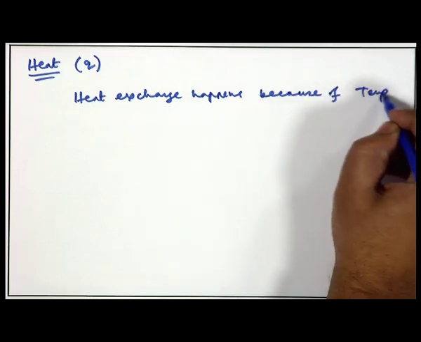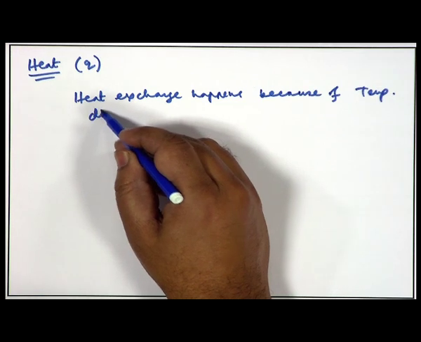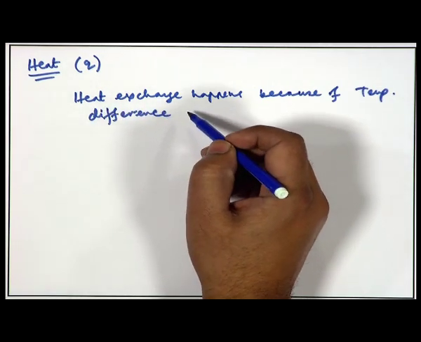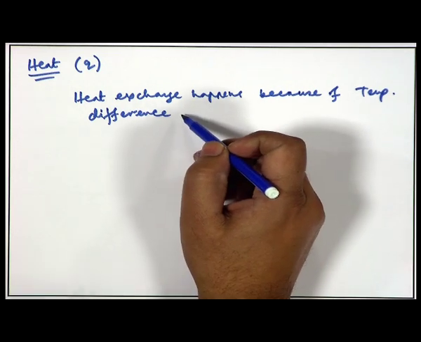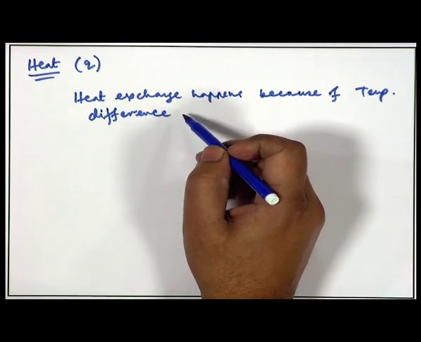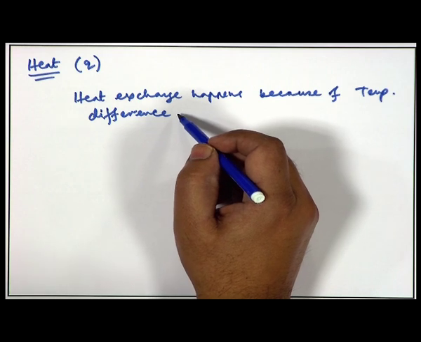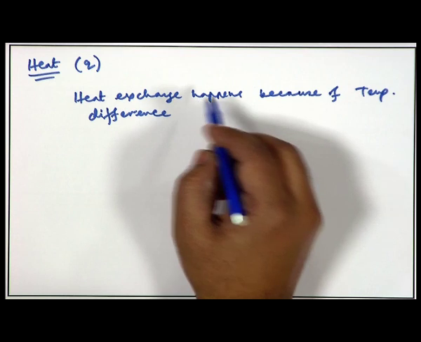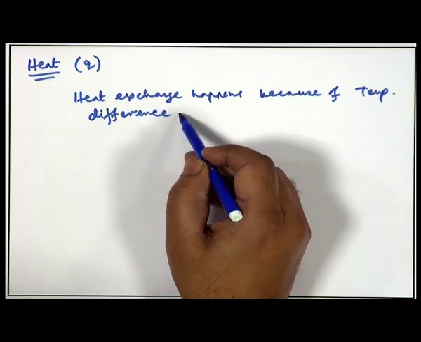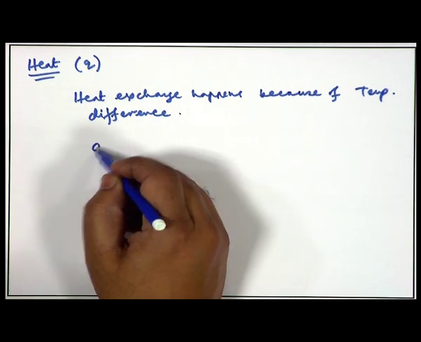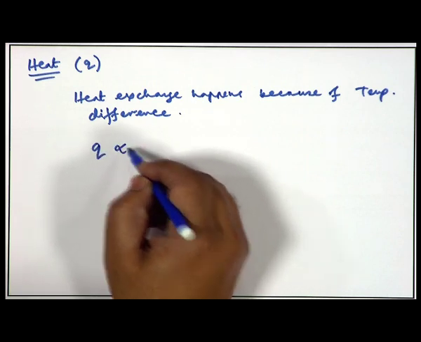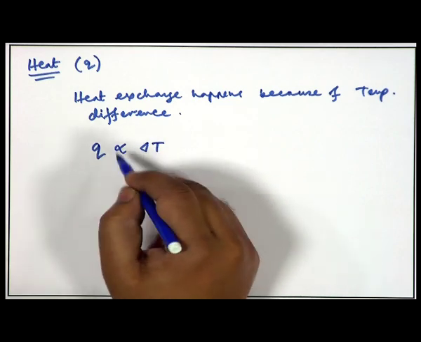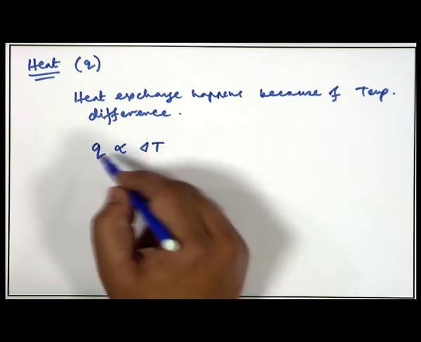That we all know: if there is a temperature difference between system and surroundings, if they are brought in contact through a non-adiabatic wall, heat exchange will happen and heat will move from higher temperature to lower temperature.